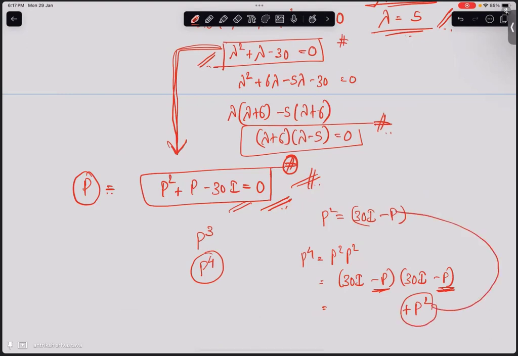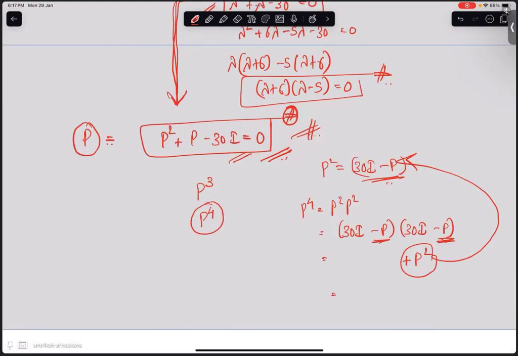Then you go back and substitute this here, till you get the expression in terms of just some constant I and some constant P. So like that you have to approach this kind of question.